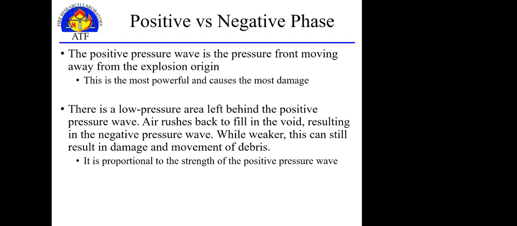And so that air coming back in can actually move debris or objects back towards the ignition source or the origin of that explosion. And it is significantly weaker, but it's actually proportional to the positive pressure wave. So the stronger that positive pressure wave, the stronger that negative pressure wave is going to be.